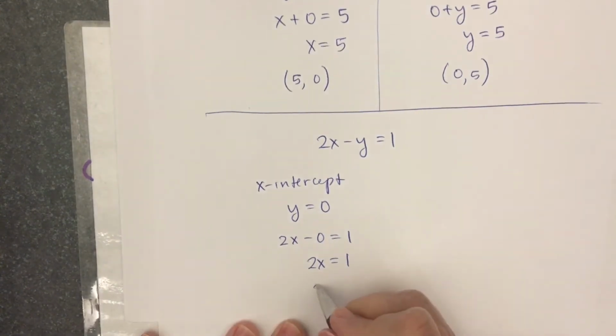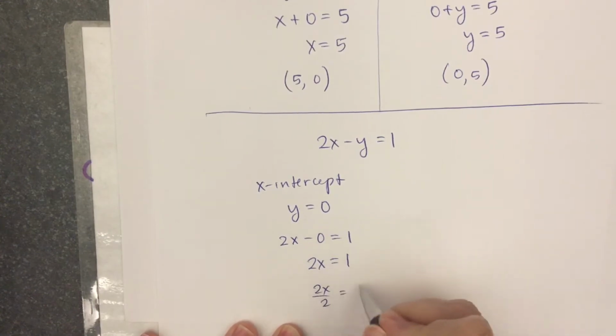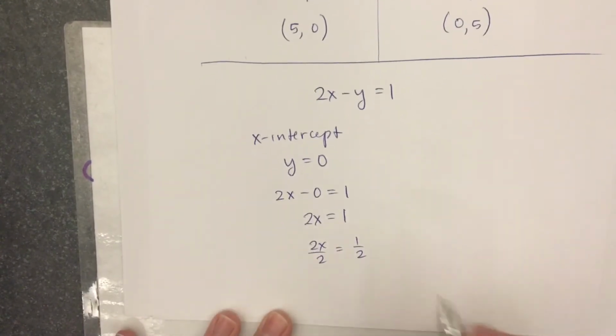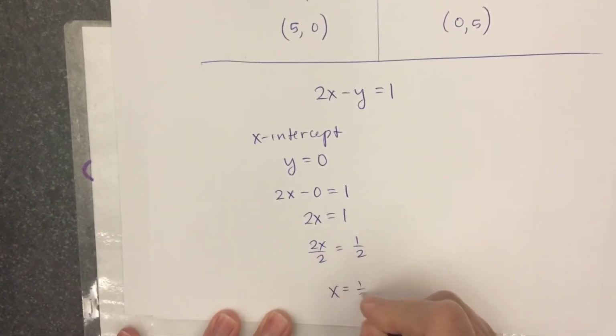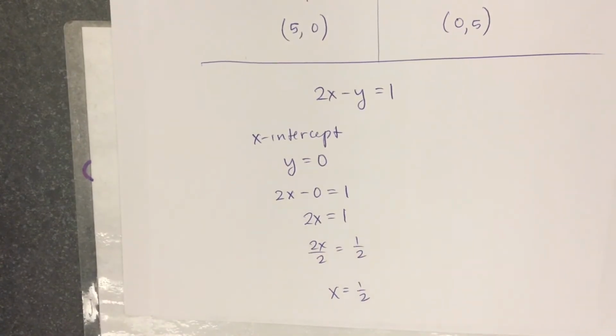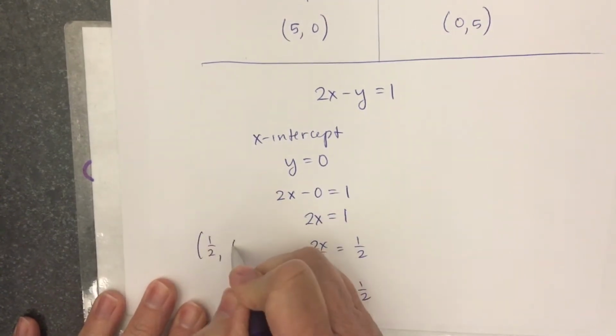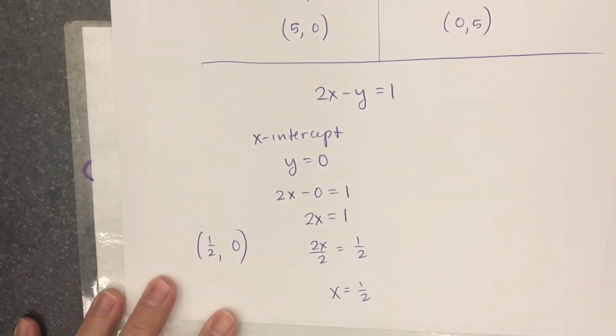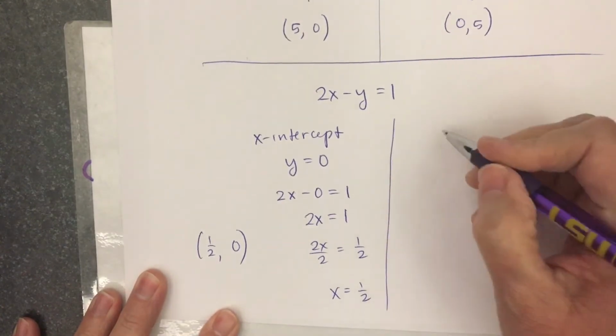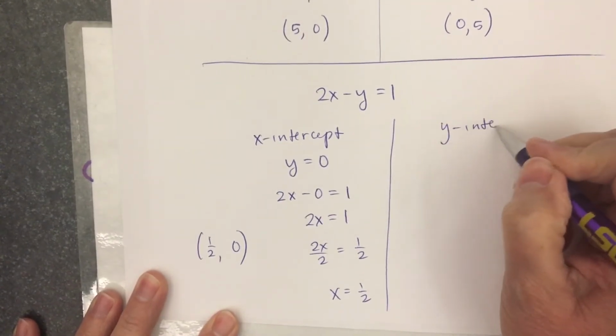Divide by 2. 2x over 2 is 1 over 2, so x is 1/2. This time I got a fraction for the x-intercept. 1/2, 0.